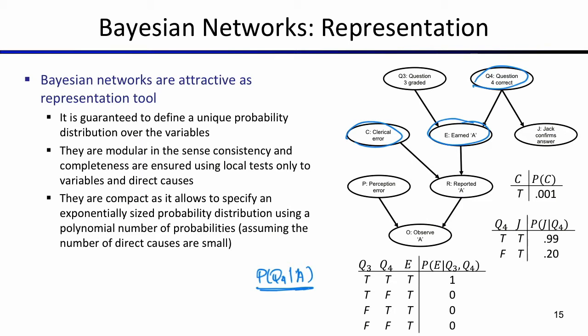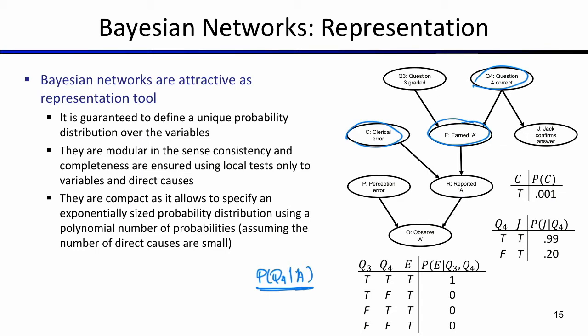So it will not give different answers when we pose the same query. It will always give the same answer. So there will be one value for each possible combination of all the variables that we have. So for each entry, each row of the full joint distribution, there will be a value that's guaranteed, and this value will be unique. And that is very good, right?